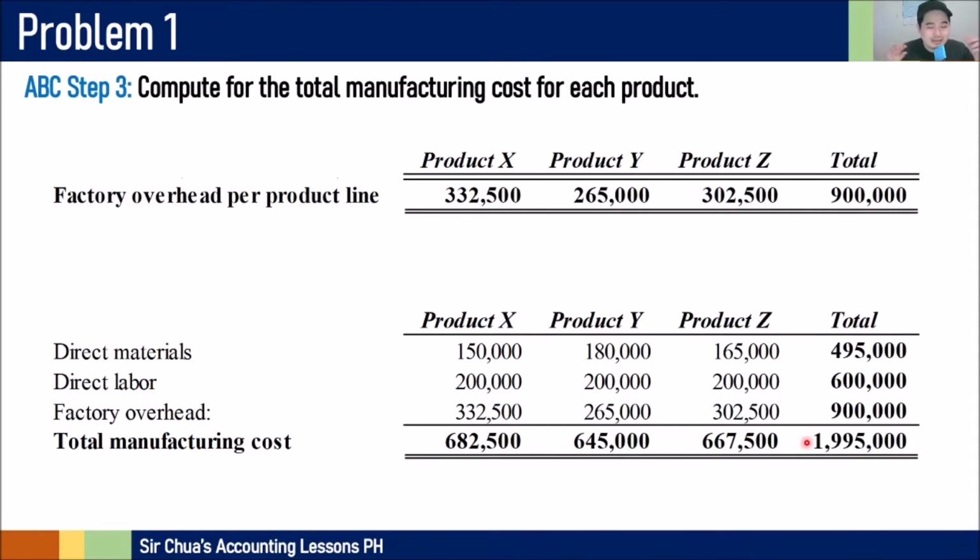'Di ba? Malilesen mo yung risk na baka nagkaroon ng product over costing or product under costing. Kasi nga, talagang inisa-isa mo na yung activities, no? So, as a manager, magiging confident ka na, okay, we can decide for the proper selling price of these products because we know that the costing of these products are very precise.